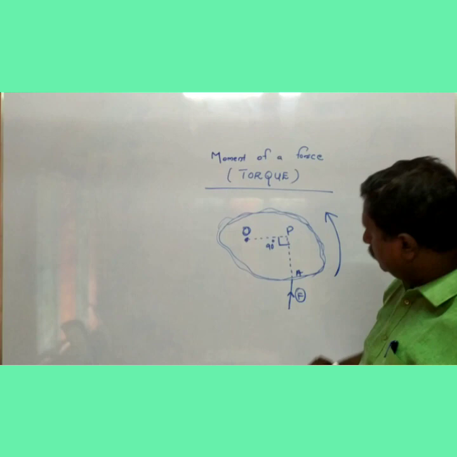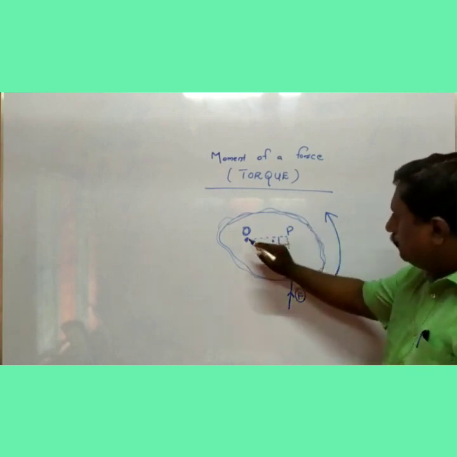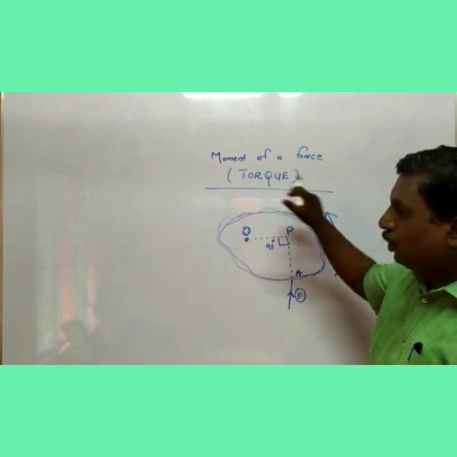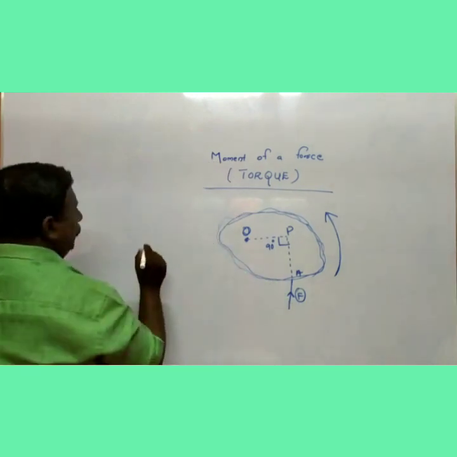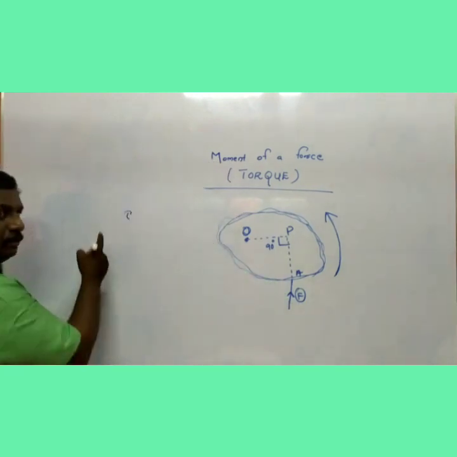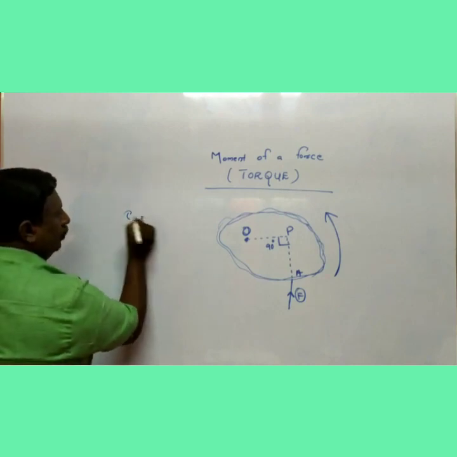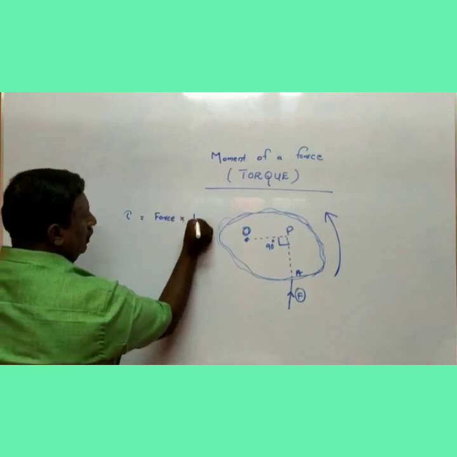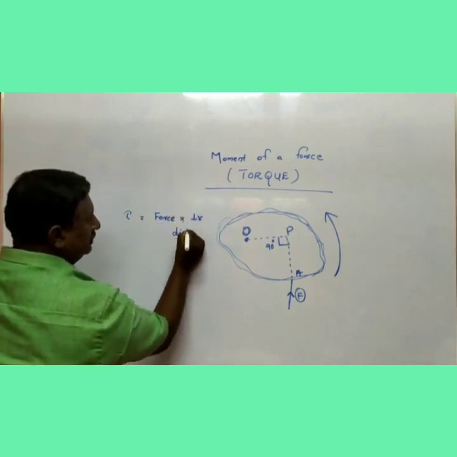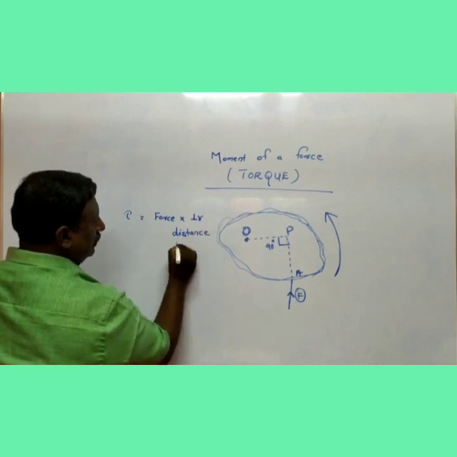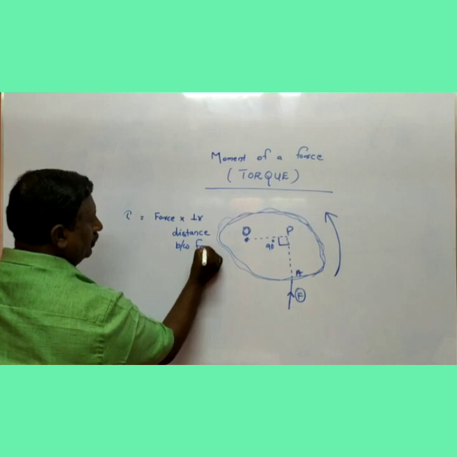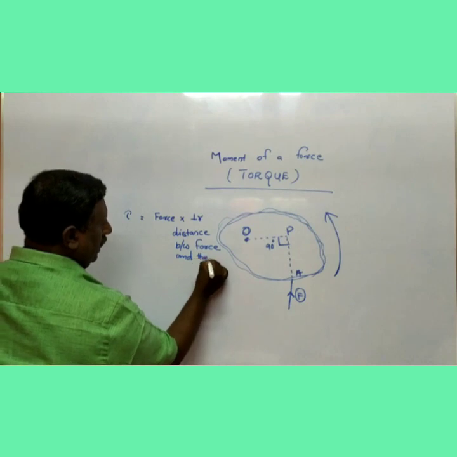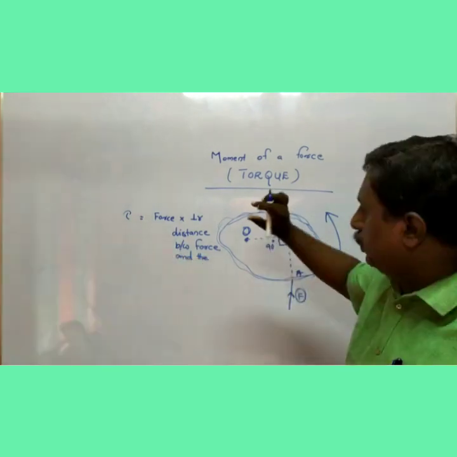That means here is the force. And moment of a force, or torque, is represented by the letter tau. Moment of a force, torque, tau is equal to force into perpendicular distance between force and the point, axis of rotation.